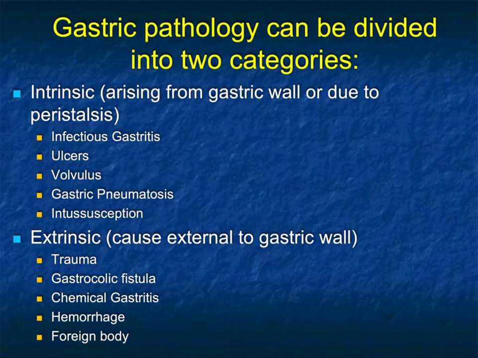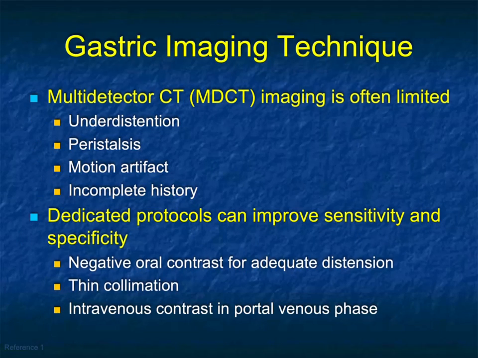That's endoscopy. We'll talk about volvulus, gastric pneumatosis, and intussusception. And then extrinsic causes external to the gastric wall, like trauma, fistulae, chemical gastritis, hemorrhage, and foreign body. Now, CT is the study of choice.